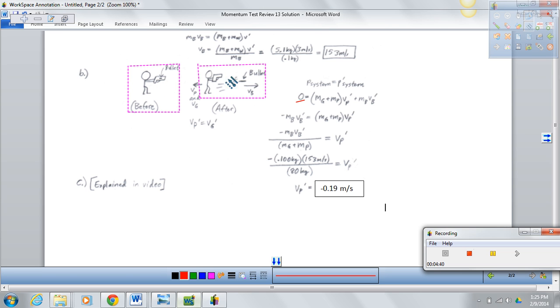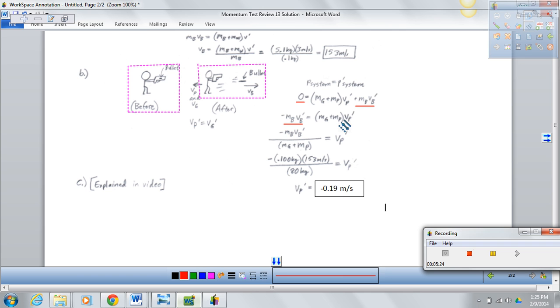So my goal is to figure out how fast the person, I just put person, but it's really person and gun, I just didn't want to write such a long subscript, is moving after the explosion. We want to know how fast that is, so I'm solving for that. I moved the bullet's mass and velocity to the other side of the equation. Notice how I changed the sign.